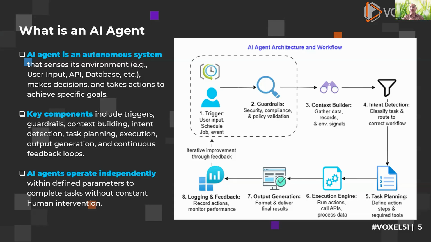Then we have the guardrails, and guardrails are very, very important. Not only for Agentic AI, but for AI in general, guardrails, compliance, and ethics are very important, and it is getting more important day after day. Not because of the fear that Agentic AI will take over the world, but because AI should be limited in what it is allowed to do, and in different contexts the security, compliance, and policies should be different.